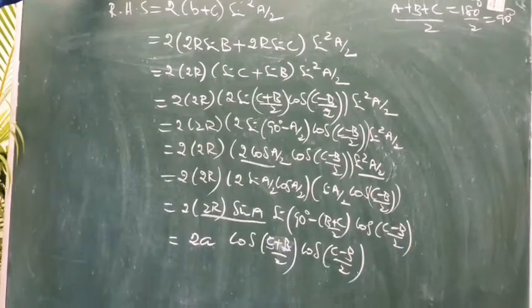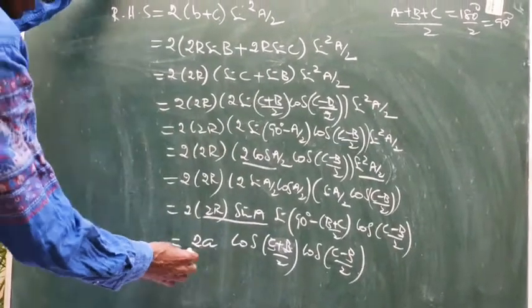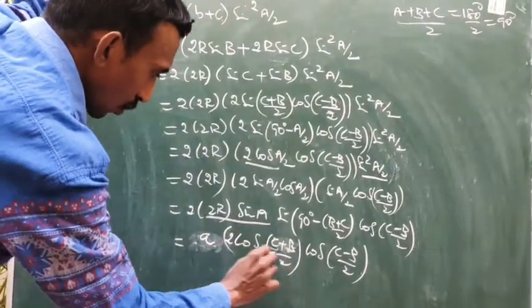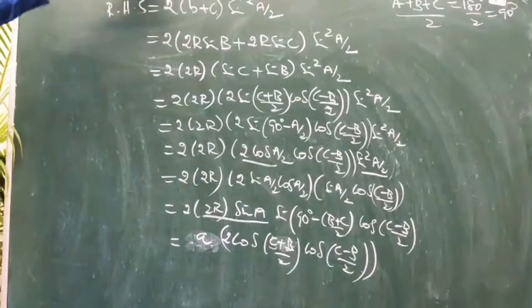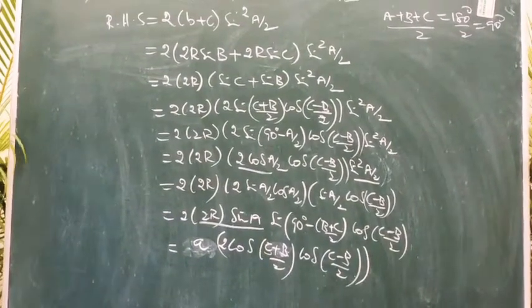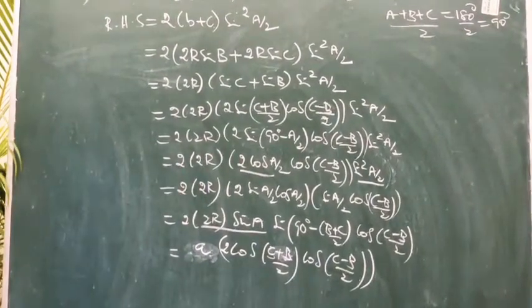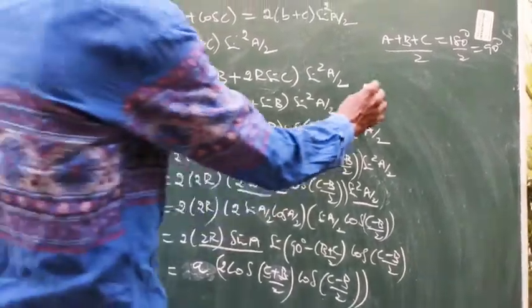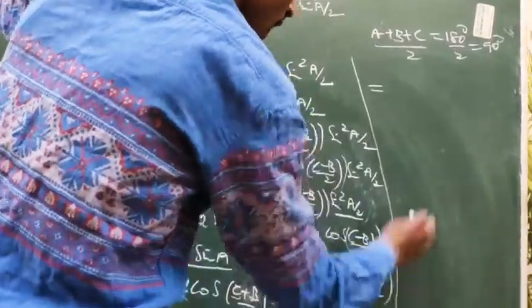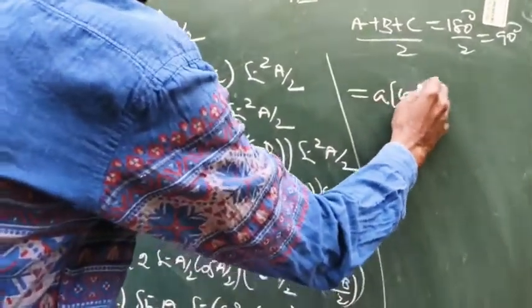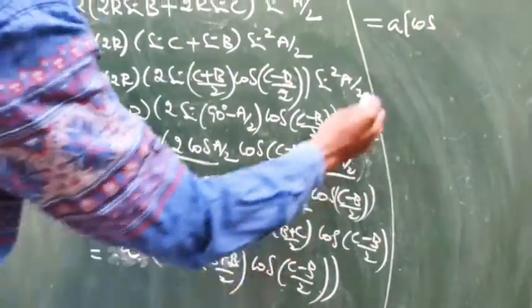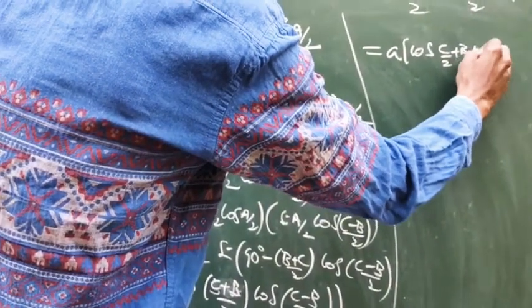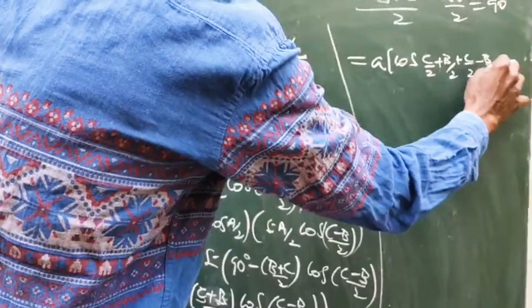So the next one, it is of the form, look at here, rearrange this, a into 2 times cos c, cos a into cos b, 2 times cos a cos b is cos (a plus b) plus cos (a minus b). So we can write it as, okay, a into cos (a plus b), sum of the 2, okay. So c by 2 plus b by 2 plus c by 2 minus b by 2.